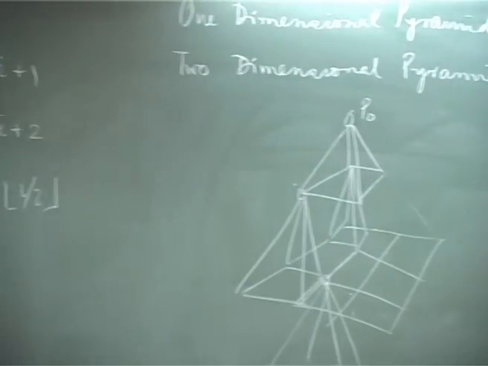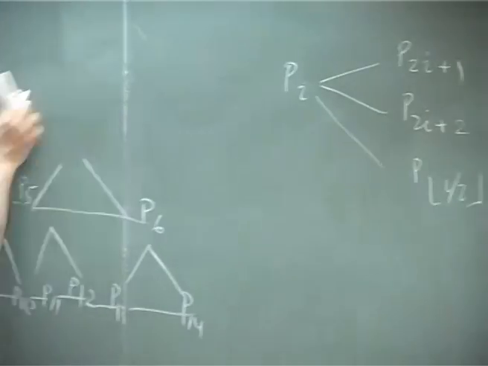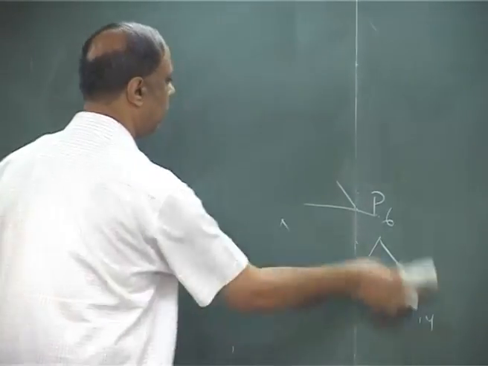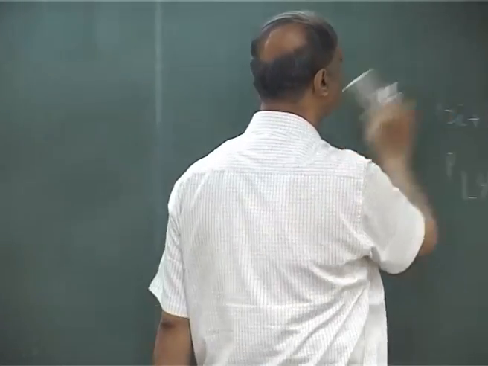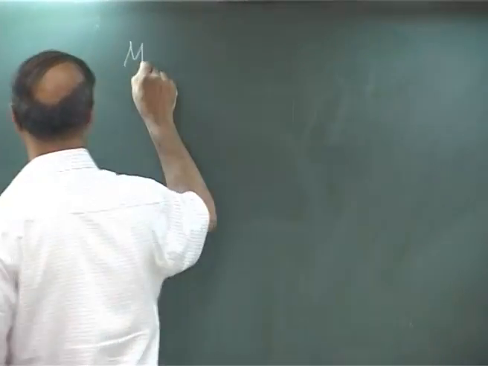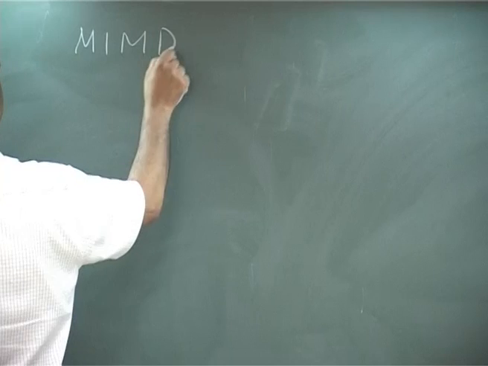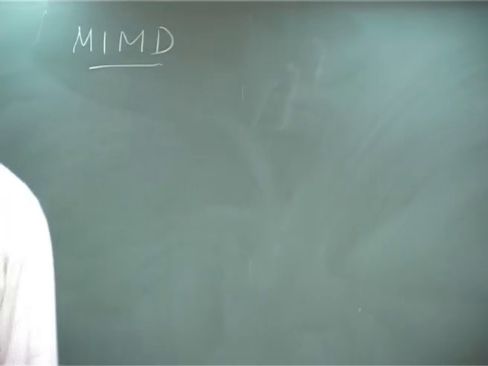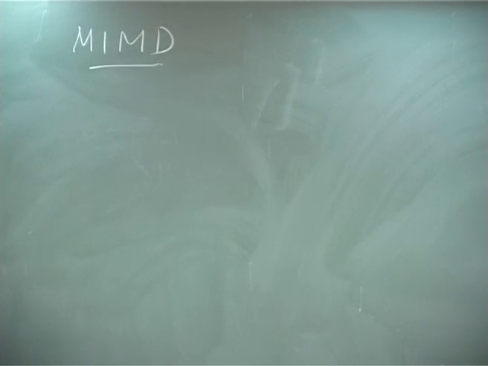Now these are the major SIMD models. Now let us come to the definition of MIMD: multiple instruction stream and multiple data stream. Here you have several independent machines.